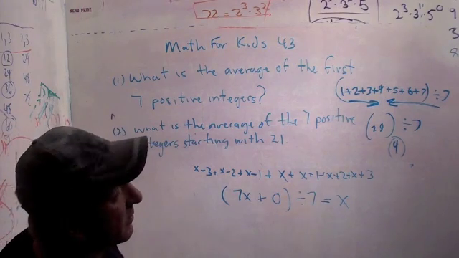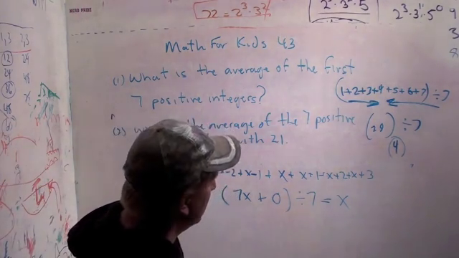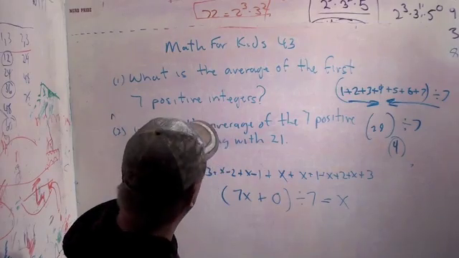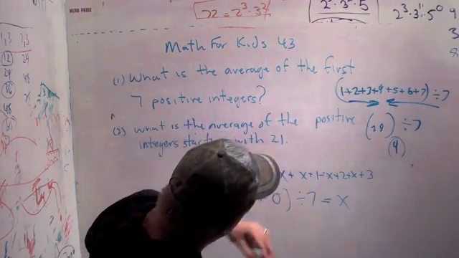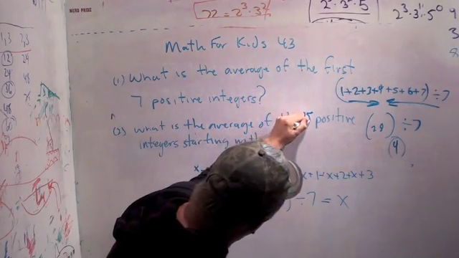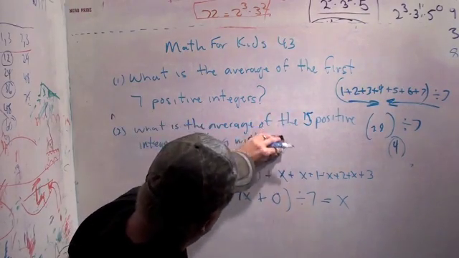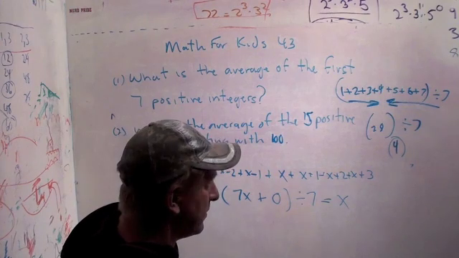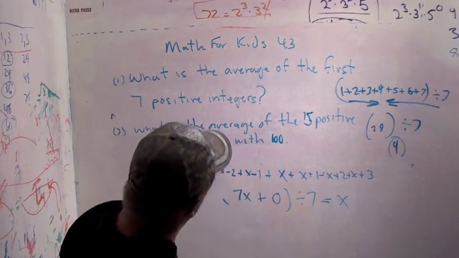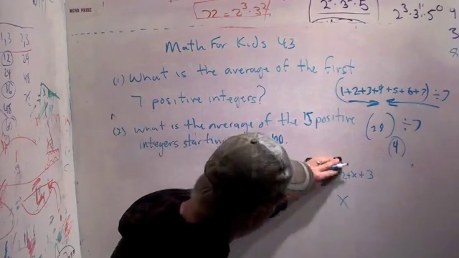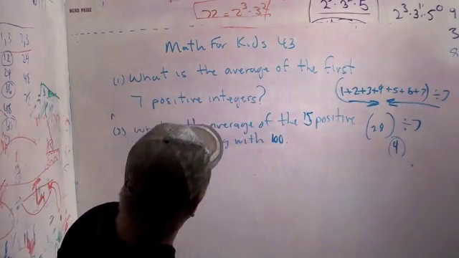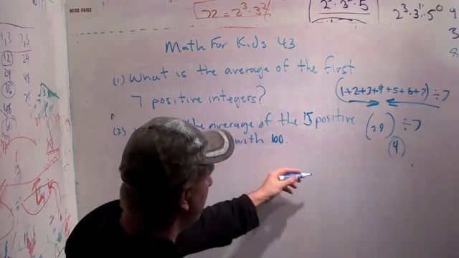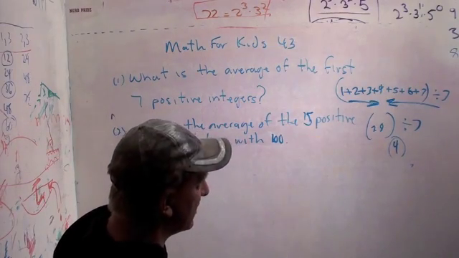So when you have an odd number of consecutive numbers, the average is the one right in the middle. So if I said, find the average of 15 positive integers starting with 100, it would just be the one in the middle. So what number is going to be in the middle of 15 numbers? How far over did you have to go to get in the middle of 7 numbers?